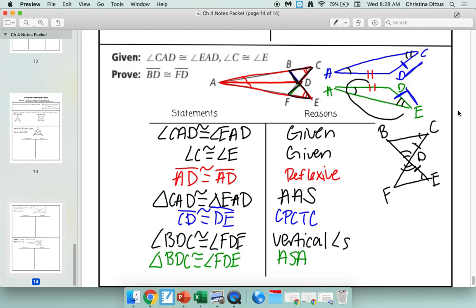And now, finally, now that the triangles are congruent, can I say that BD and FD are congruent? Yep. BD is congruent to FD because of, why can I say that? There you go, CPCTC. Great news. You'll never have to do one like that again. Woohoo!